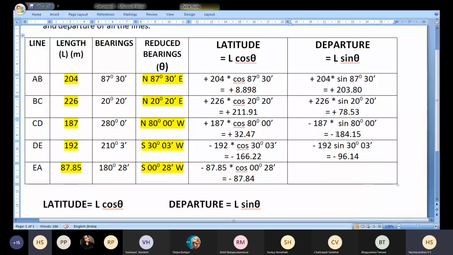Okay, last line, EA. The reduced bearing is southwest, so the line is westwards, hence departure will be negative. Minus 87.85 into sine of its reduced bearing, 0 degrees 28 minutes.